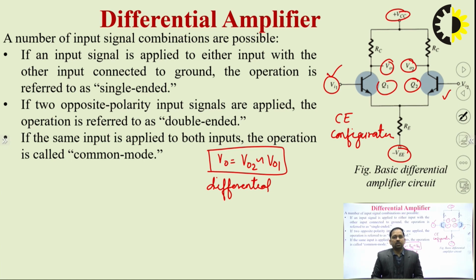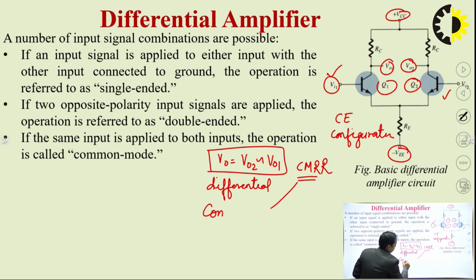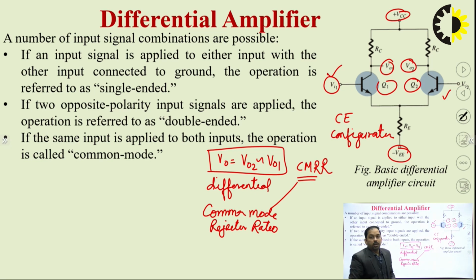Based on this common mode and differential mode, we will see one important terminology called CMRR, common mode rejection ratio. So what is this common mode rejection ratio?